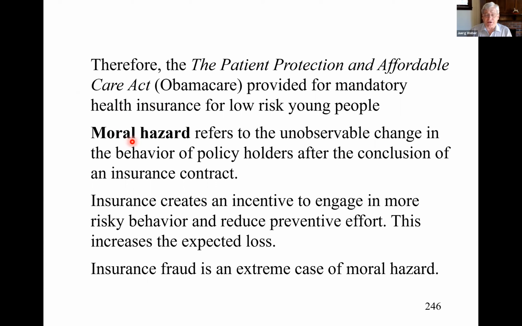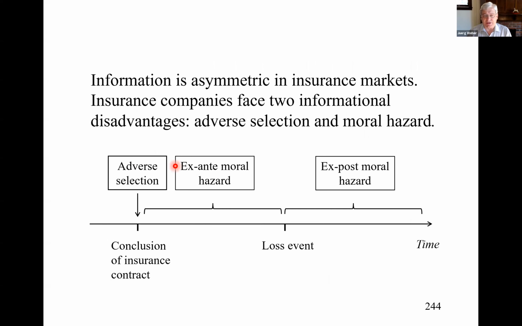Now, the moral hazard refers to the unobservable change in behavior of policyholders after the contract has been written. So the second information problem in insurance markets is the moral hazard. It happens after the contract has been written, when the contract is running over time.